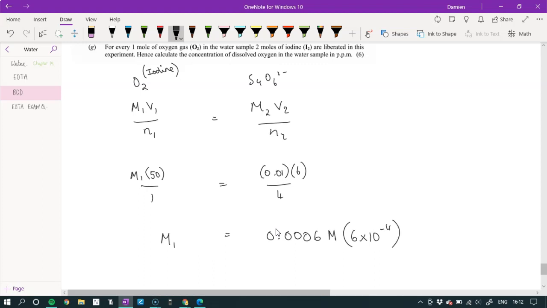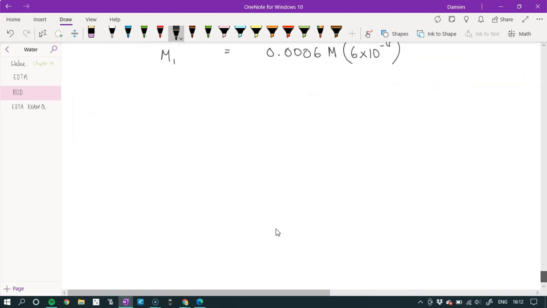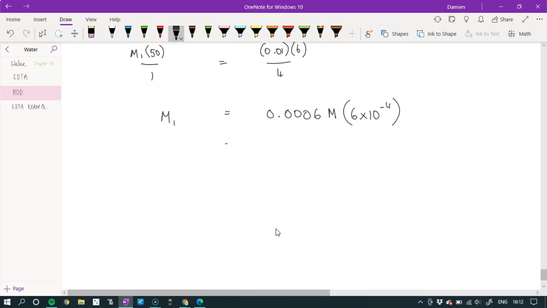That is molar. Now this part F just asks us to calculate the concentration of the iodine solution in moles per litre. So that's what molar is, moles per litre. If you want, you can write that as 0.0006 moles per litre.